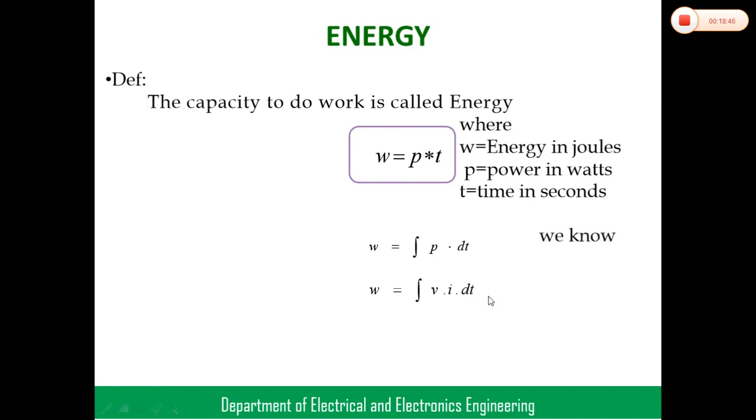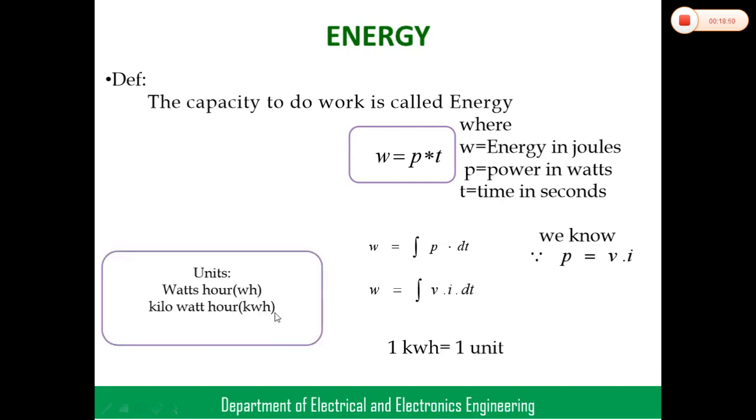Since P equal to VI, the unit for energy is watt hour, and we can also write kilowatt hour.